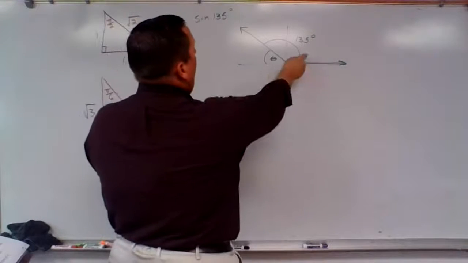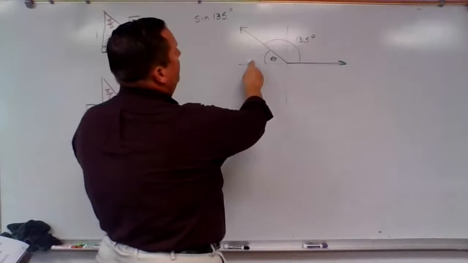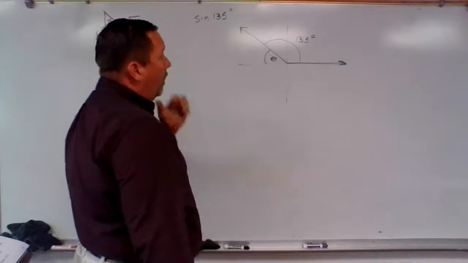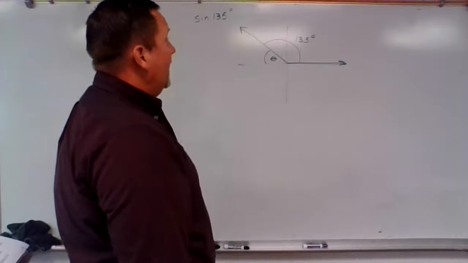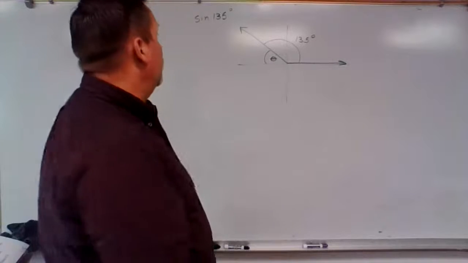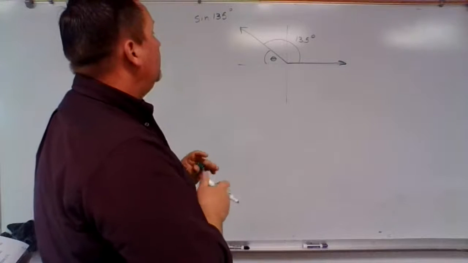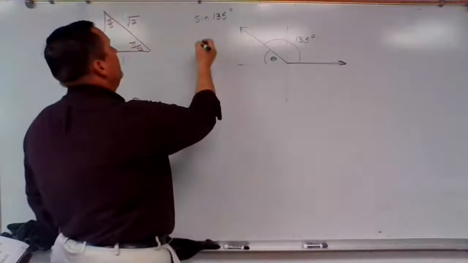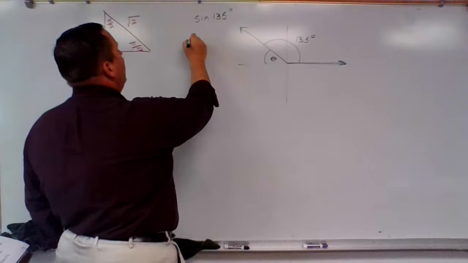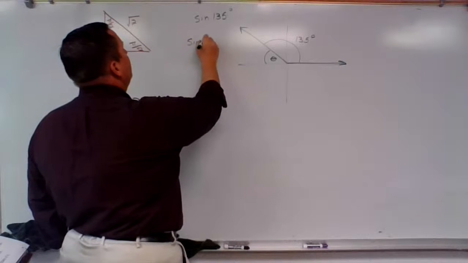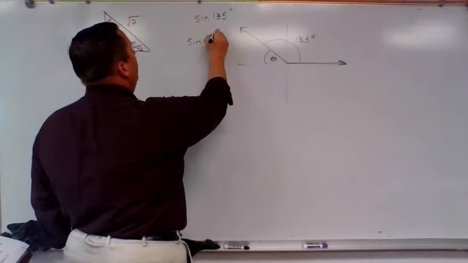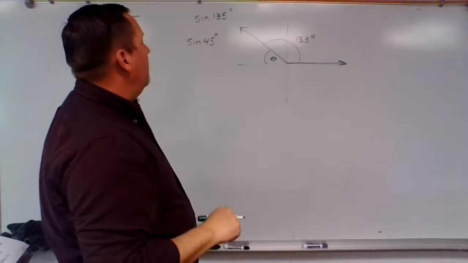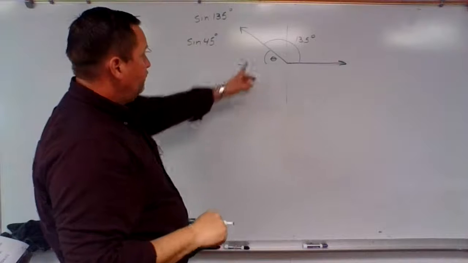I know that this whole thing is 180 degrees, so I would do 180 minus 135, and I get 45 degrees. So sine of 135 may be the same as sine 45 degrees.